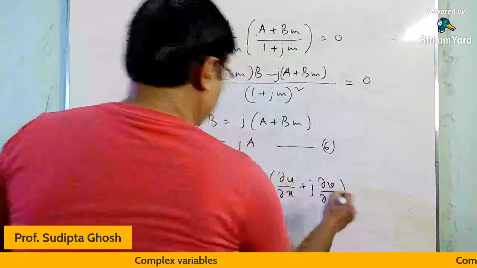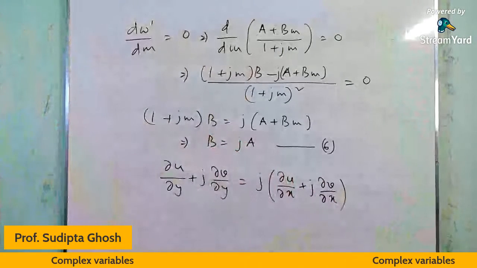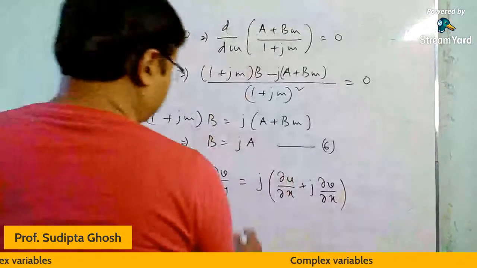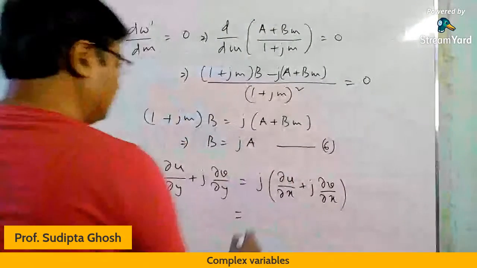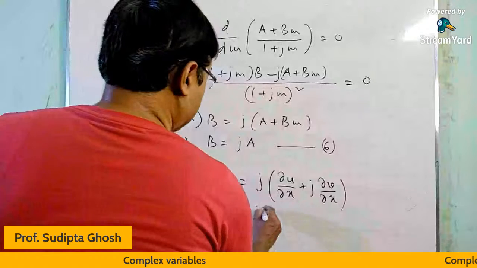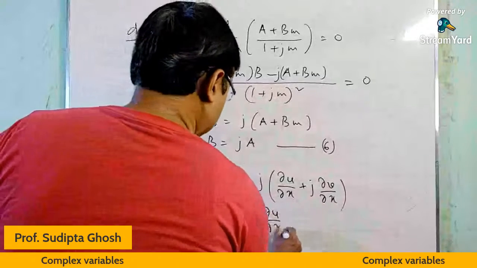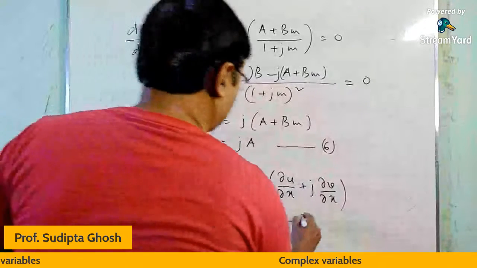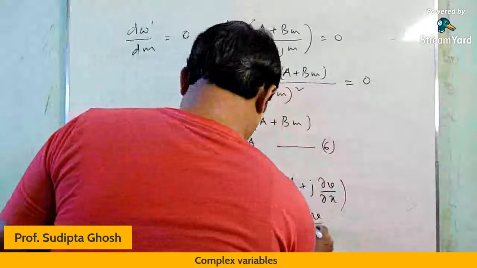So here I am putting the values of a and b right from equations 3 and 4, and it will give me j del u/del x minus, that is j square, minus of del v/del x.